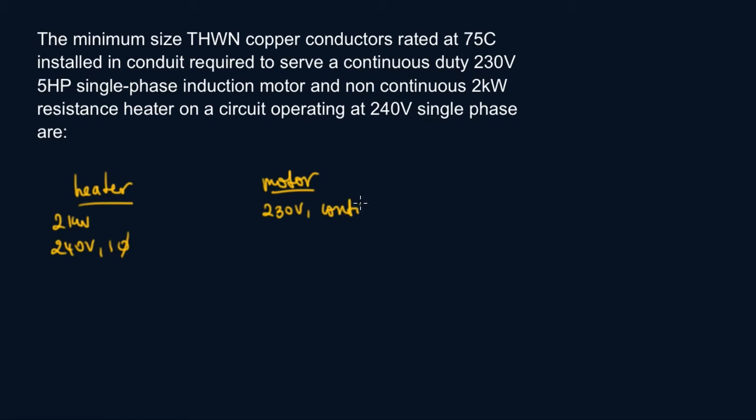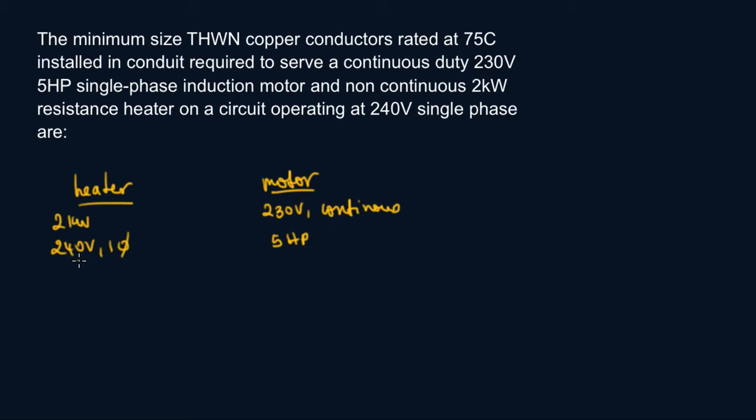I'm writing the keywords here: continuous duty, and then 5 horsepower. So this is what we have. It's always a good idea to put what you got and then start from there. So in order to calculate the total loads, we do it separately and then add them together.